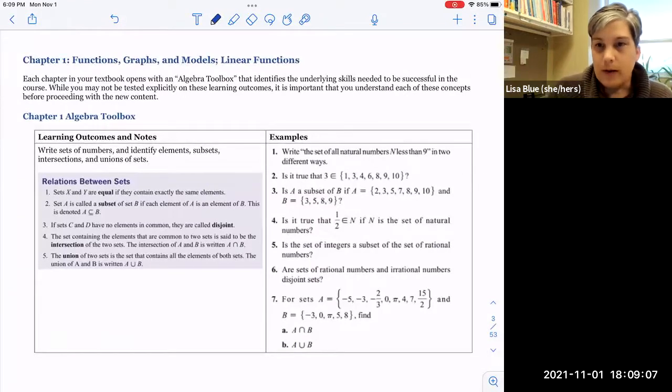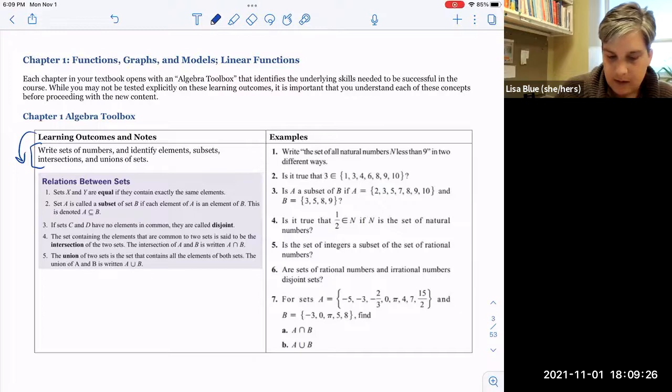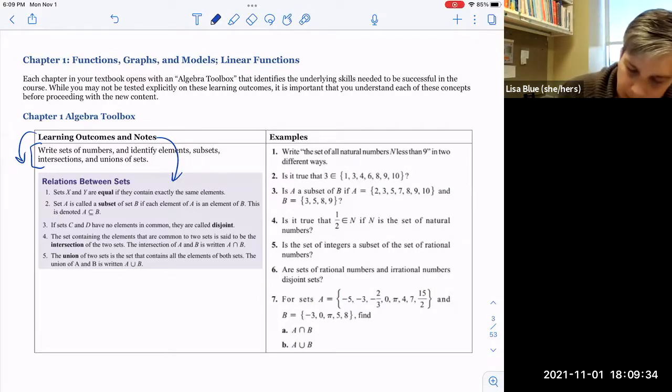Now, in chapter 1, we begin our discussion of functions, graphs, and models, and also linear functions. You can see this chapter 1 algebra toolbox. I've got learning outcomes. This is the learning outcome right here: write sets of numbers and identify elements, subsets, intersections, and unions of sets. Anytime I've found a relevant note, I've added it underneath that learning outcome. And then these are example problems from the textbook.